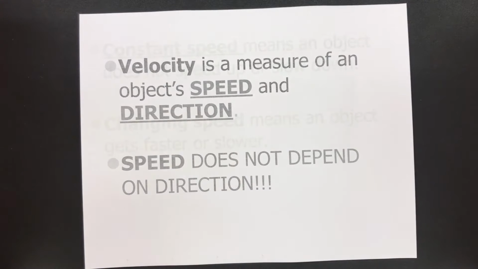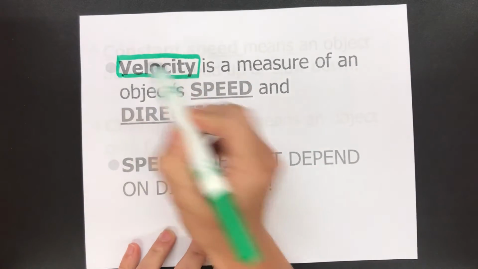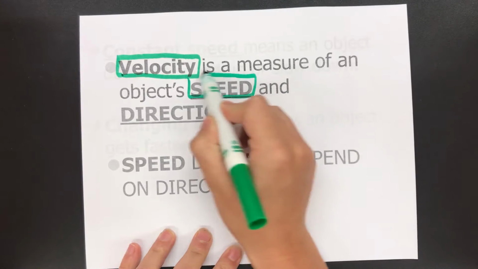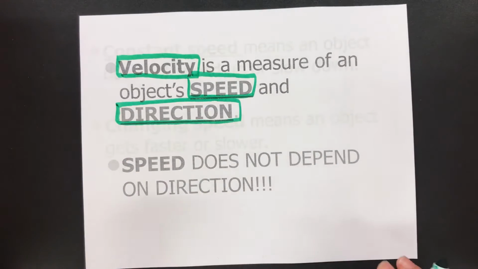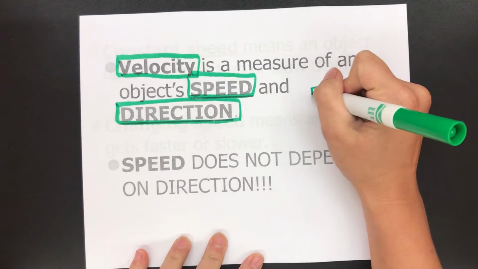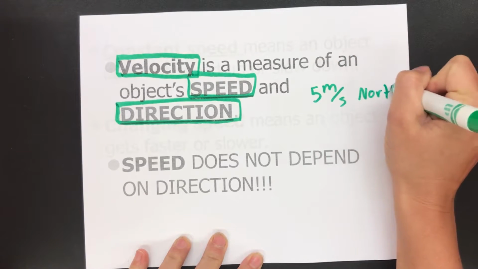Now, a lot of times people use speed and velocity as if they're the same thing, but they're really not. Velocity, yes, is speed, but it brings in direction. So it not only tells you how fast the object is moving, it's telling you which direction you're going. For instance, I'm going 5 meters per second north.